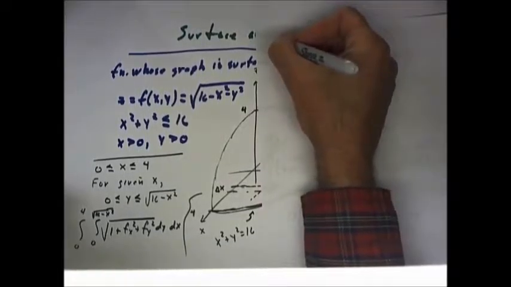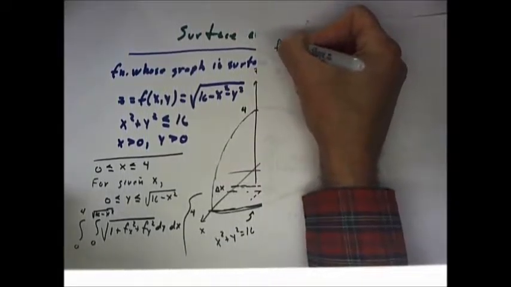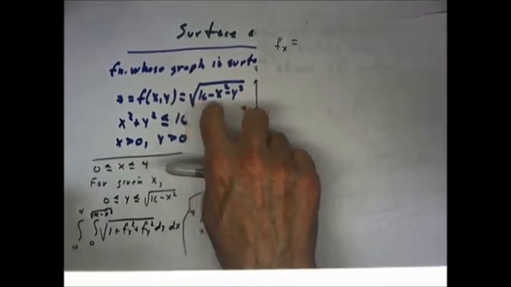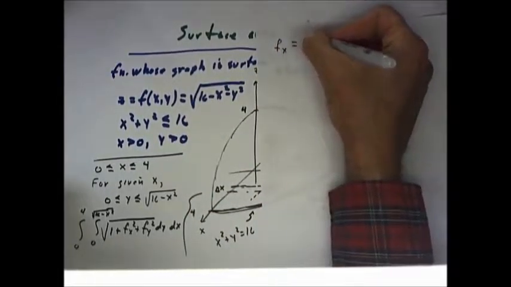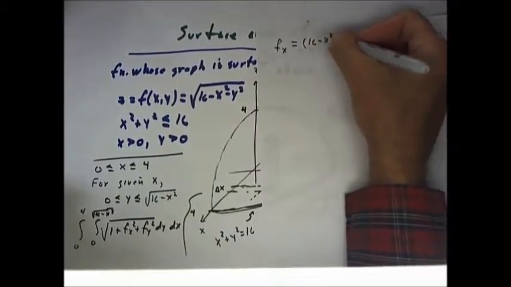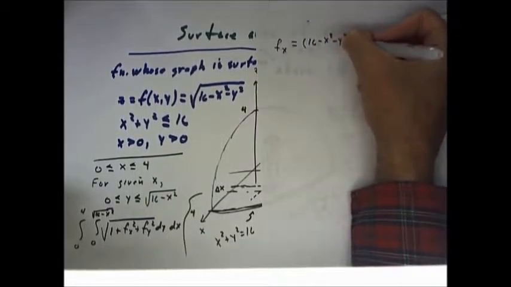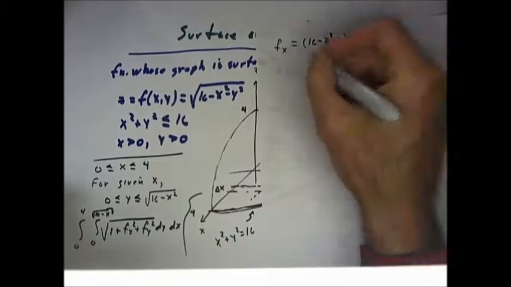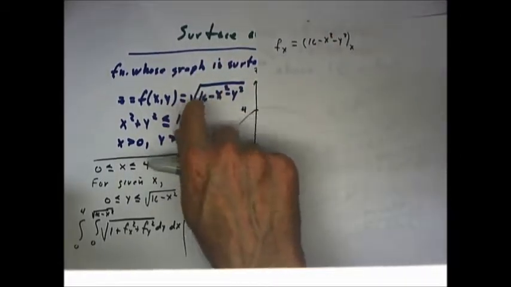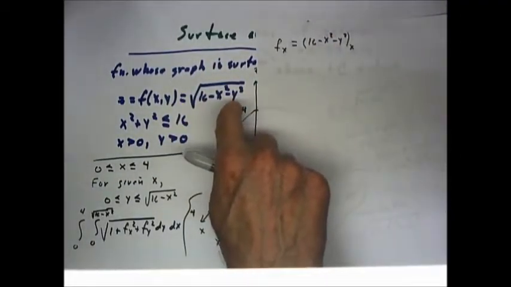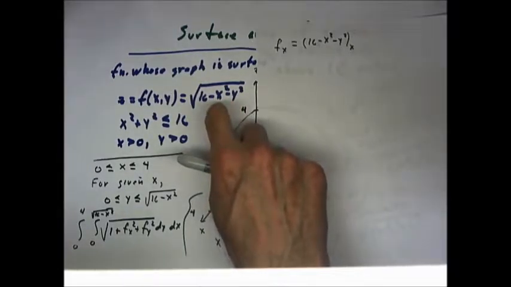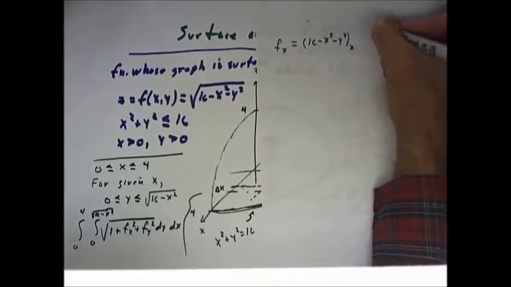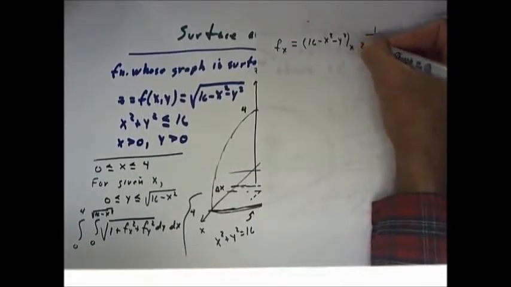For example, fx is going to equal what? Well, it's going to equal the x derivative of our inner function. We have to use the chain rule, so that's 16 minus x squared minus y squared with respect to x, and then it's times the derivative of a square root function, and a square root of u, for example, has derivative with respect to u of 1 over 2 times the square root of u.